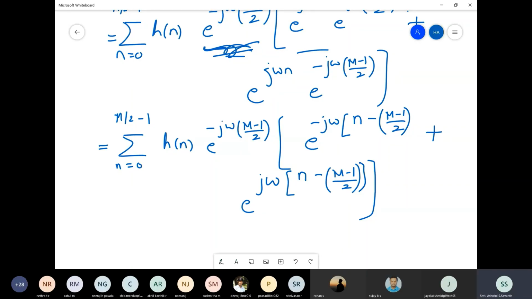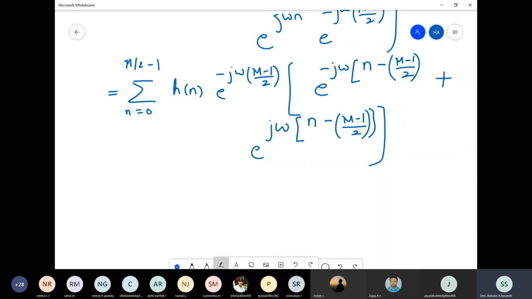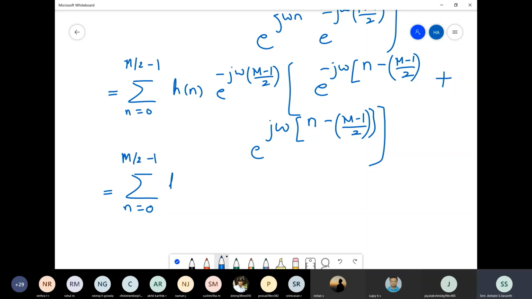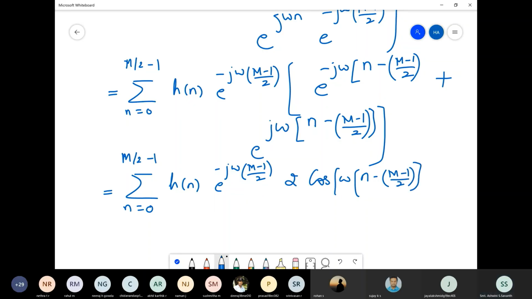So what is the term in the bracket? We have summation n equals 0 to M by 2 minus 1, h of n e power minus j omega into (M minus 1) by 2. This is one thing. What is in the bracket? It is nothing but 2 cos of omega into n minus of (M minus 1) by 2. Cos of this angle, 2 times cos of this.